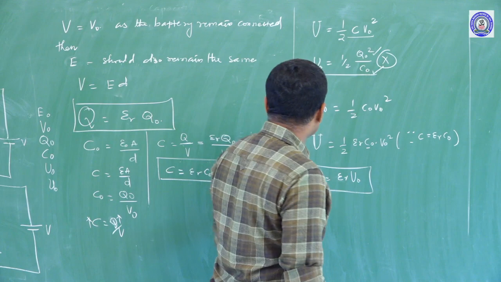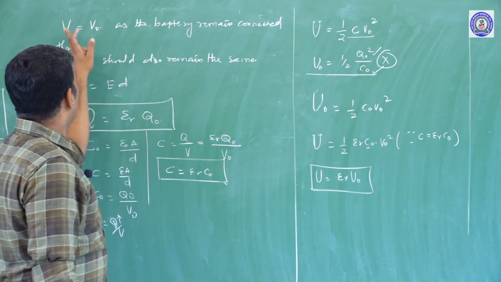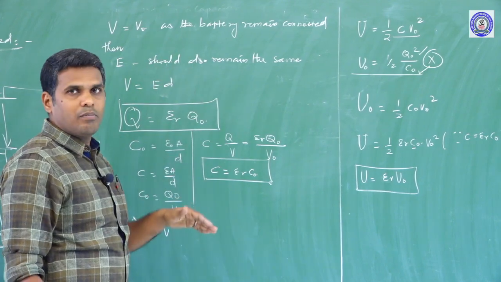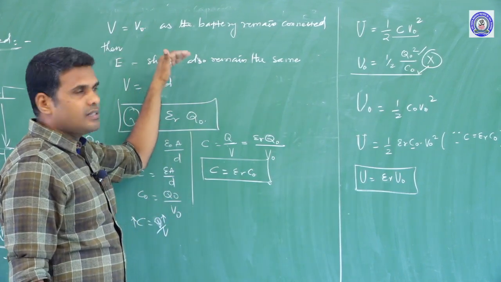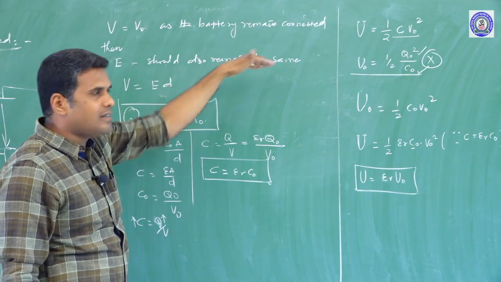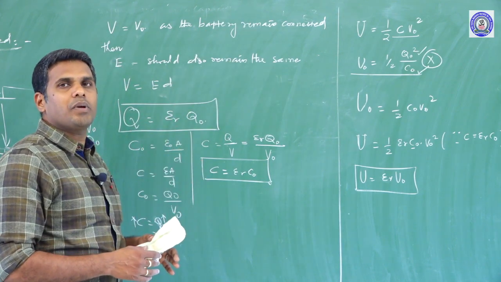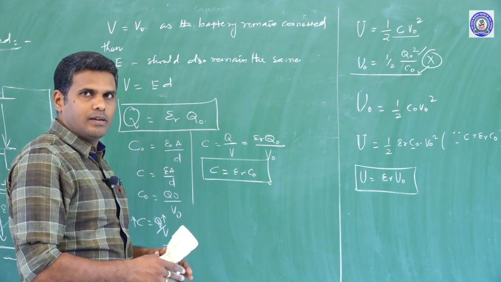Once again, as we discussed earlier, the potential across the plates of a parallel plate capacitor is constant because the battery remains connected. So the electric field in the region between the plates is also constant.